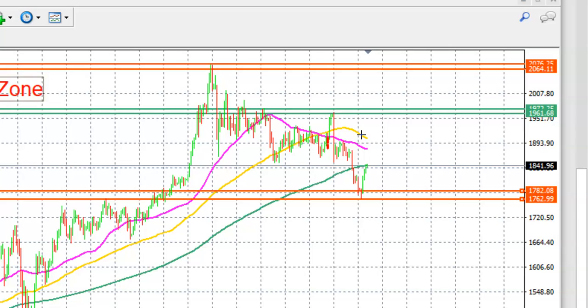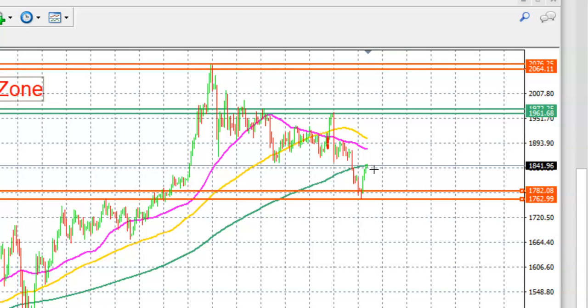When we look at the prices, we can see one thing very clearly, which is that the prices are about to cross above the 200-day simple moving average. This is quite an important point. Why?